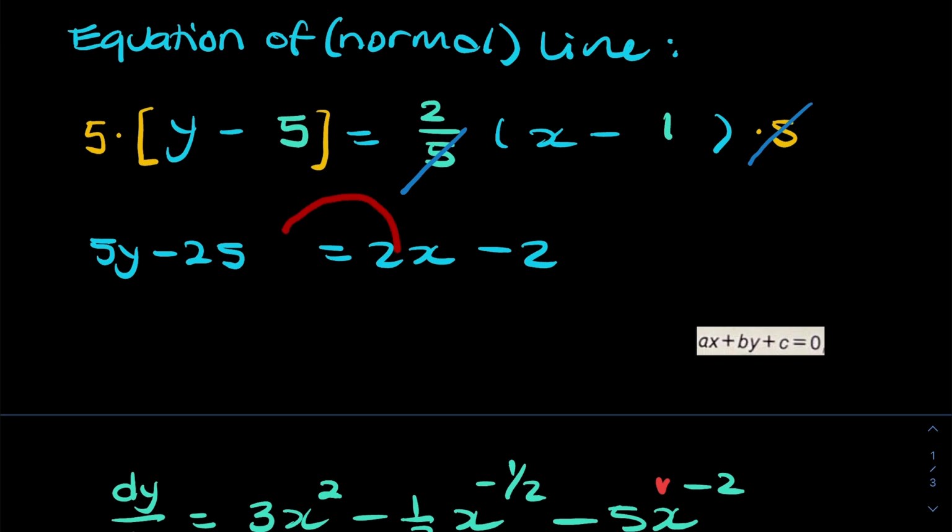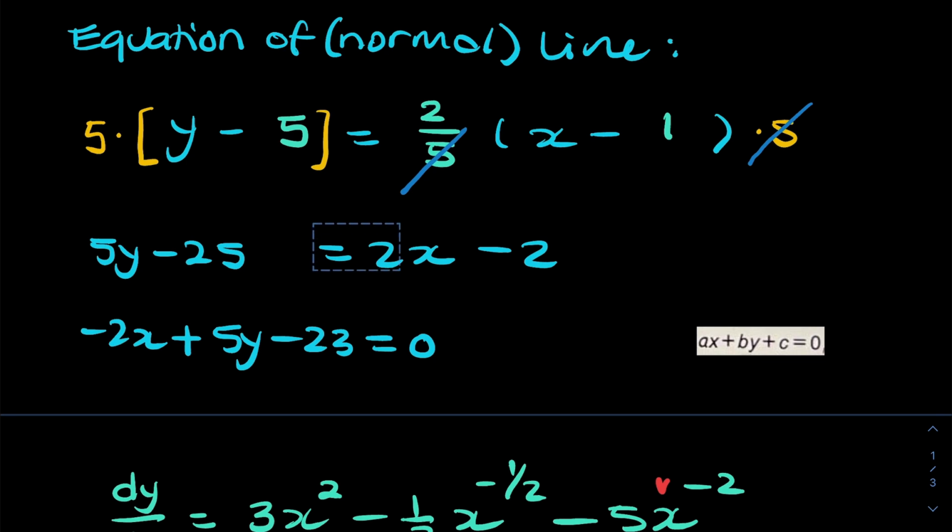Then bring everything to the left. You have minus 2x plus 5y minus 23 equals 0. And that is your final answer.